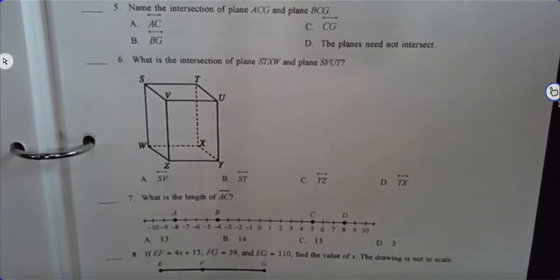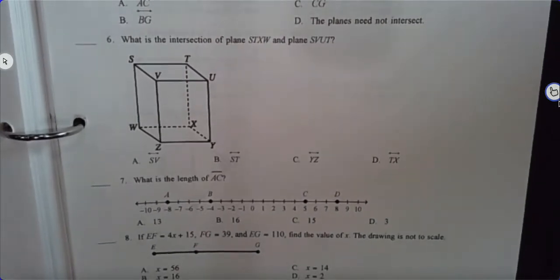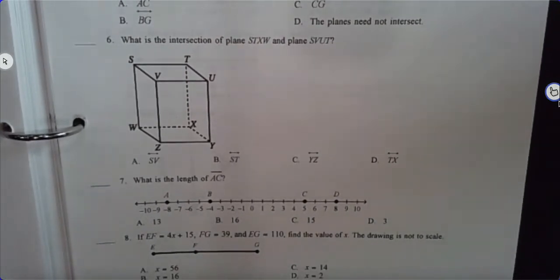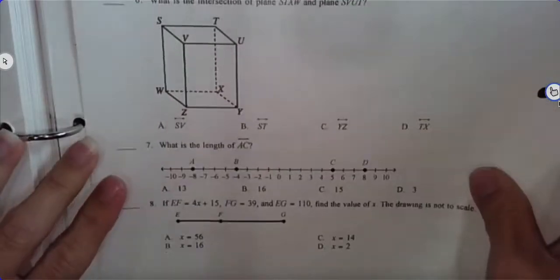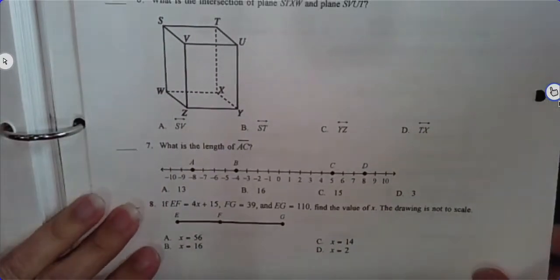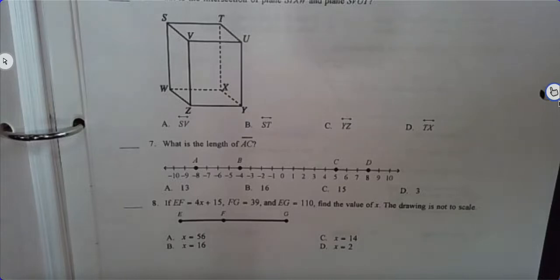Number 6, the intersection of plane STXW and SVUT. Hold on, let me grab so I can write on it. So the intersection of plane STXW, where is that at?